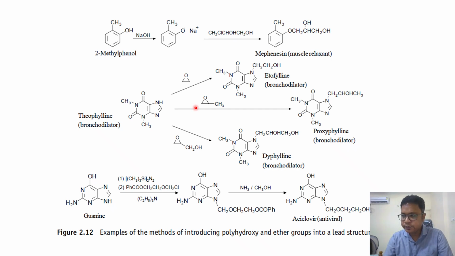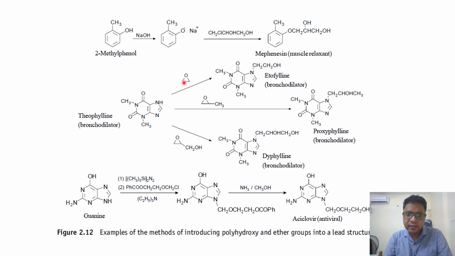Similarly, this thiophenyl compound is a bronchodilator, and for this drug molecule we can increase the water solubility by incorporating an OH group. So how can we incorporate the OH group? If we react this drug molecule with an epoxide, you can see this NH is nucleophilic and this is the electrophilic center.